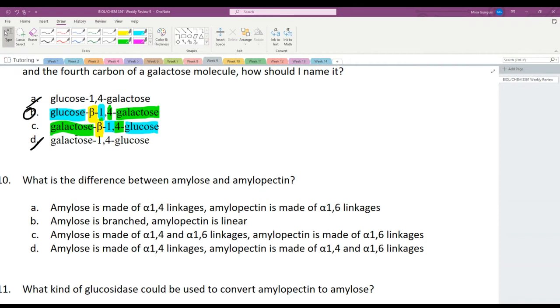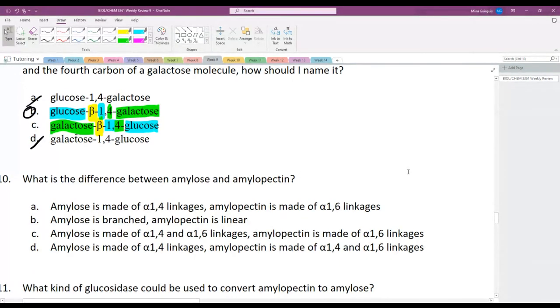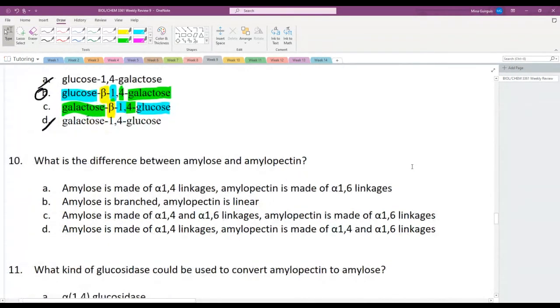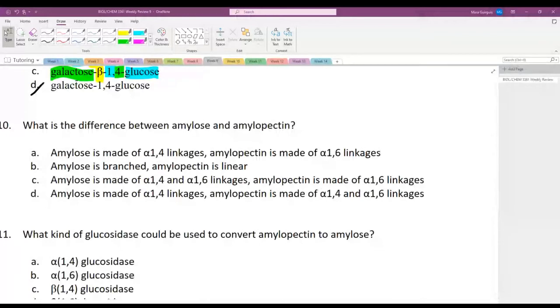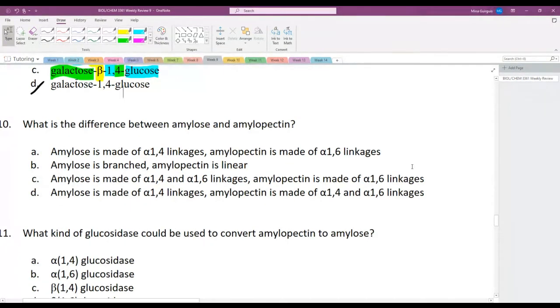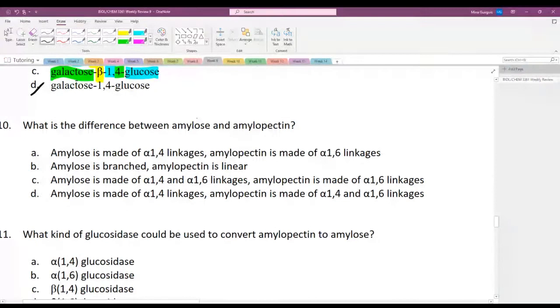Just want to mention that because I think sometimes it can be really easy to just disregard this unit or this section of the unit and not care about it, but it is important, okay? All right, so what is the difference between amylose and amylopectin? This is a fairly basic question. The answer is that amylose is a linear chain of glucose units with alpha-1,4 linkages, okay?